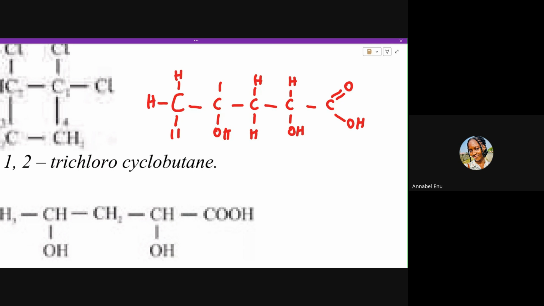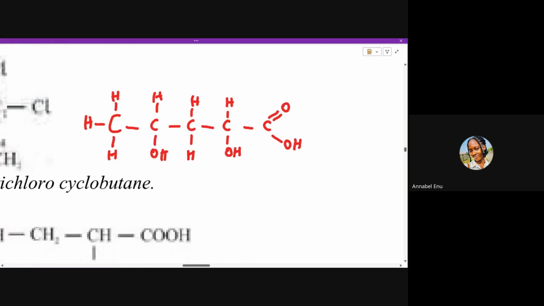What is the name for this structure? You should attempt it. Let's see the first person to get it correctly.